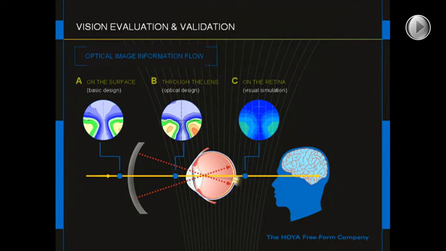Let's begin with the basic design. Now, until the advent of freeform design and surface technologies, all of the design parameters existed here on the front surface of a semi-finished blank. This is what I refer to as a static design, because the actual progressive optics could only be altered by a change in the lens blank, which is a very inefficient way for manufacturing and remanufacturing.